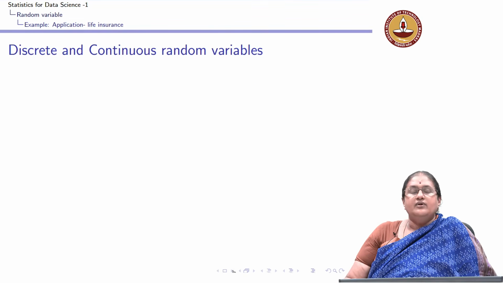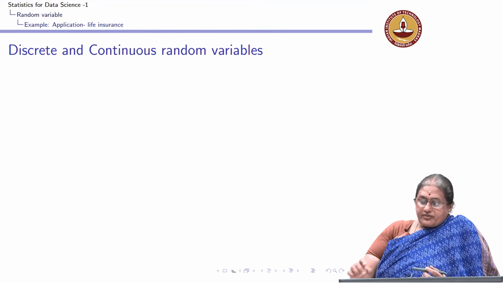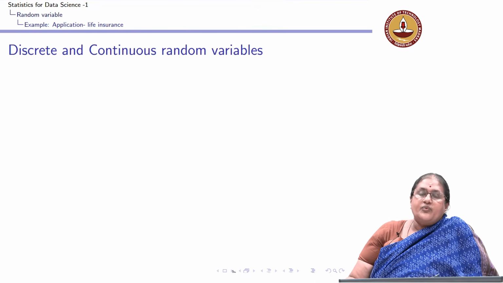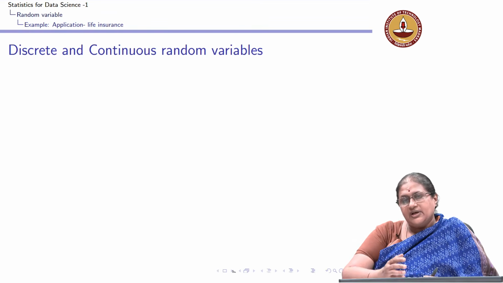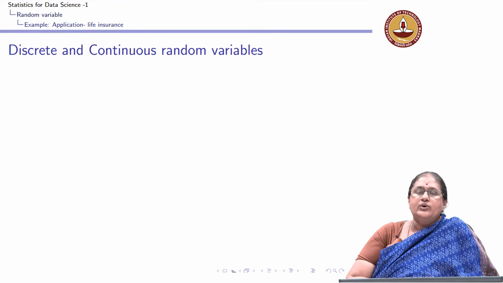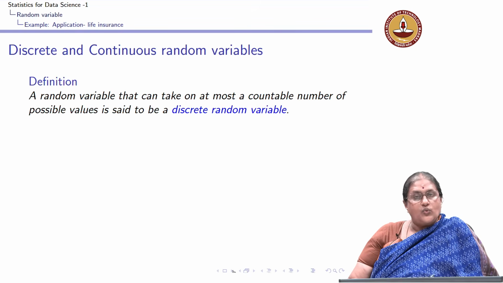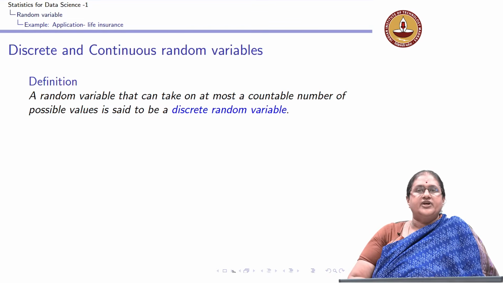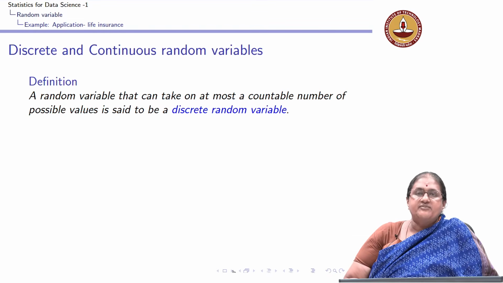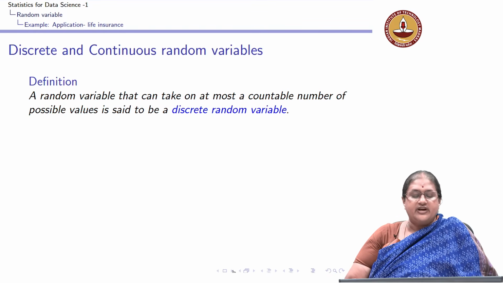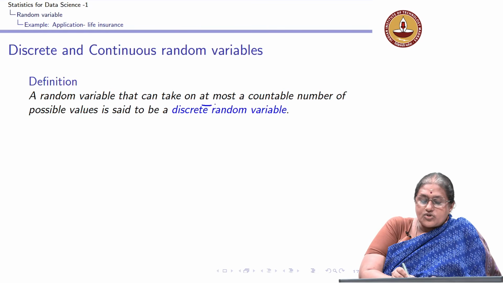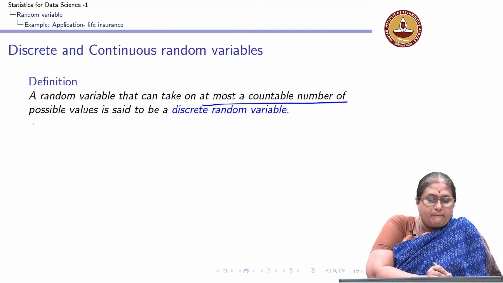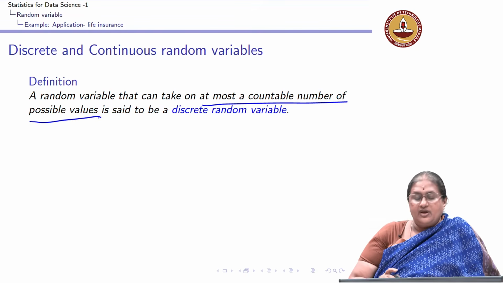So, what is next? If you look at what we are going to do in the first portion of the next few weeks, we are going to look at discrete random variables. So, what is a discrete random variable? A discrete random variable can be formally defined as a random variable that can take on at most a countable number of possible values.